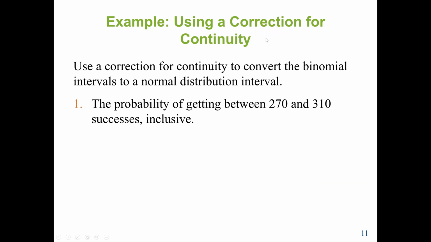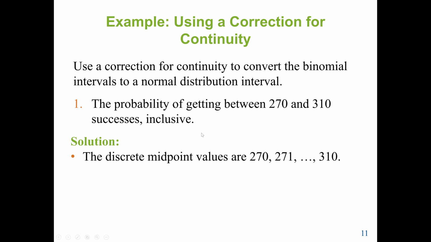Now, using the correction for continuity, a question is given here. They say we should use the correction for continuity to convert the binomial intervals to normal distribution intervals. First, the probability of getting between 270 and 310 successes inclusive. So this means the discrete midpoint values are 270, 271, all the way to 310.